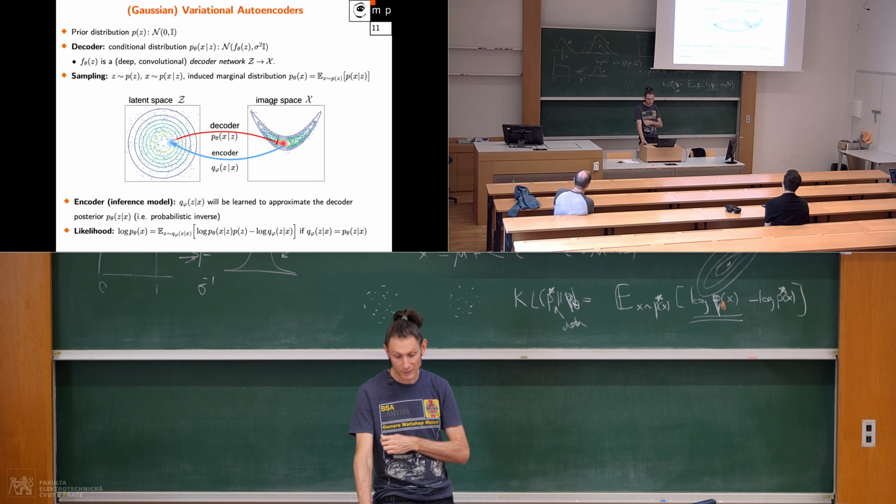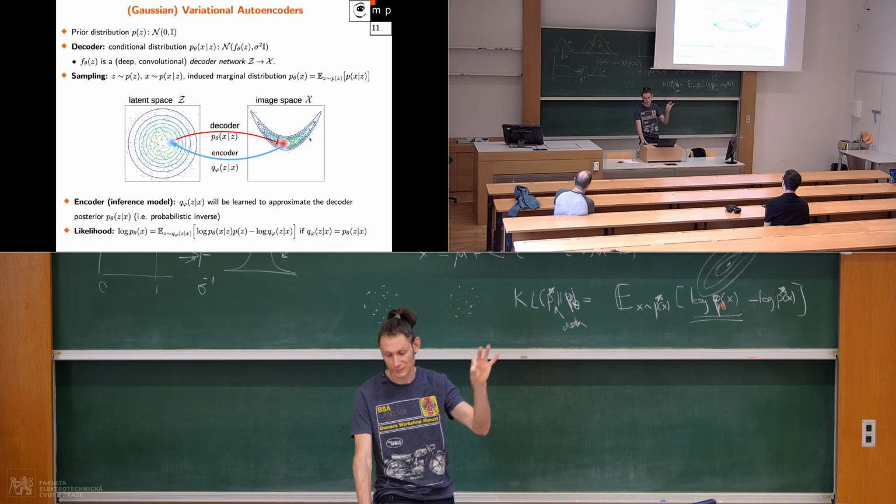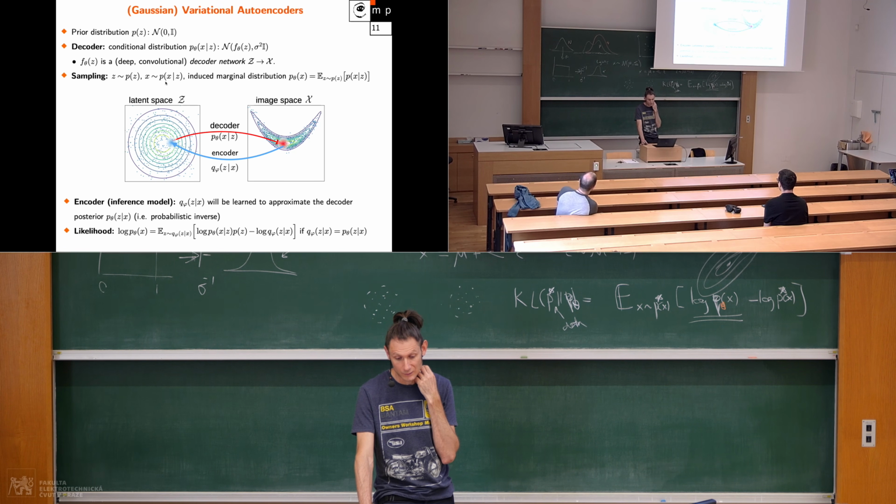And then the target distribution in this space is covered as a mixture of these little Gaussians, right? And now this generative process induces in the target space this distribution, so we need to take these little Gaussians and look at the expected value over all of the possible latent codes.